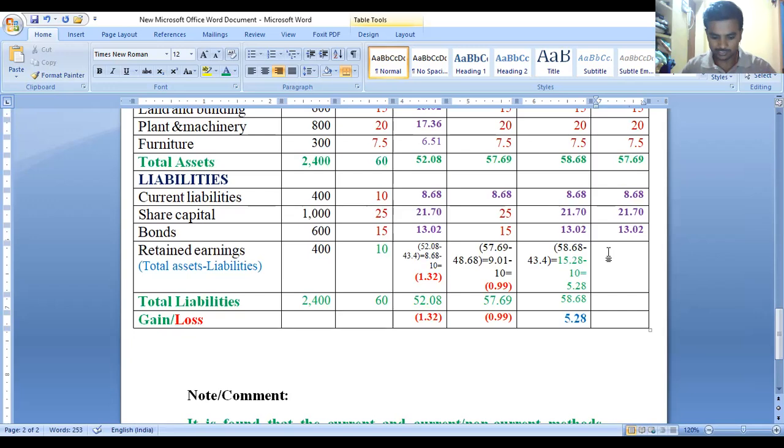Again I'm going to write here 57.69 minus, again I need to take the total liabilities, that is 43.4.